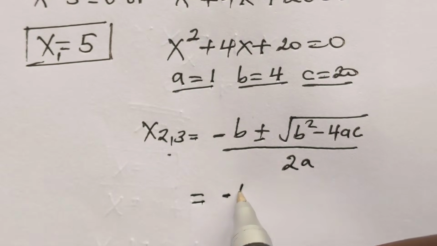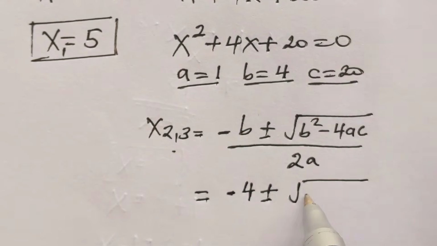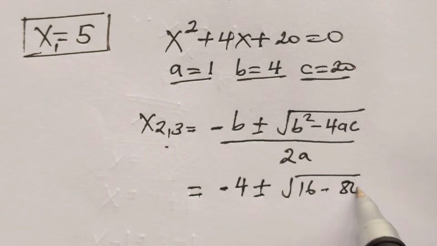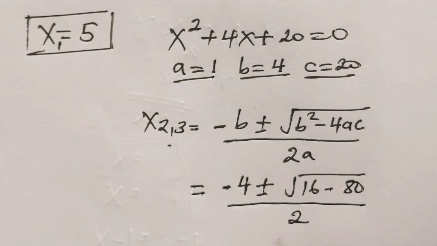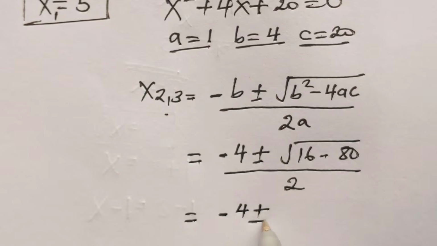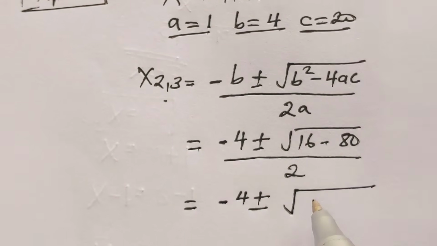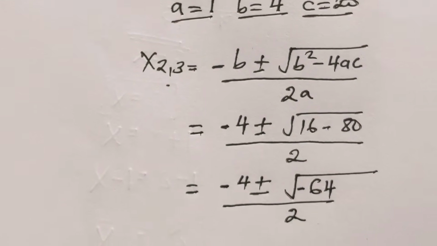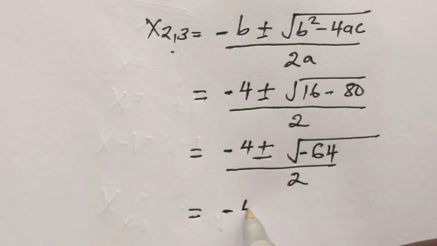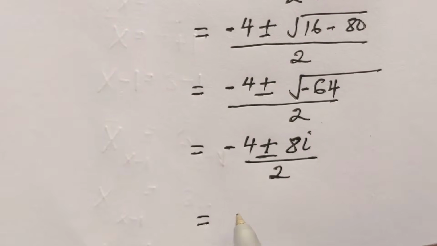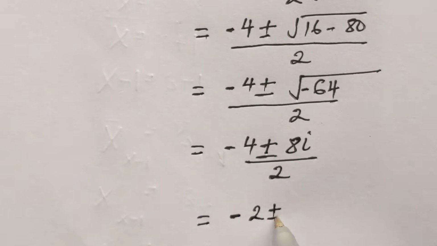We have negative 4 plus or minus square root of 16 minus 4 times 20, that is 80, over 2, and of course this will be equal to negative 4 plus or minus the square root of negative 64 over 2, and this will be negative 4 plus or minus 8i over 2, and this will be negative 2 plus or minus 4i.